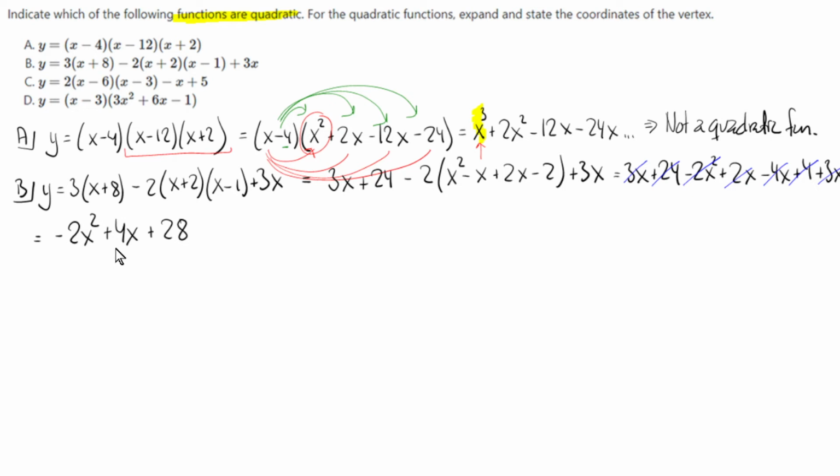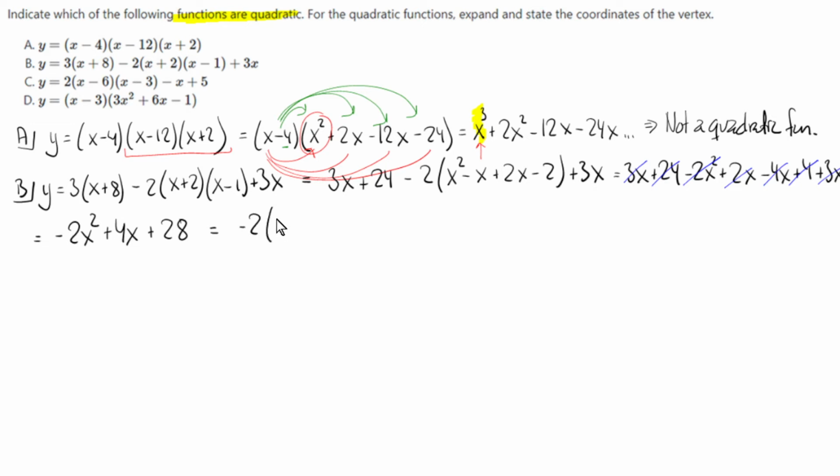Now we need to convert this quadratic function to vertex form by completing the square. So we're going to factor out the greatest common factor from the first two terms, which is negative 2.